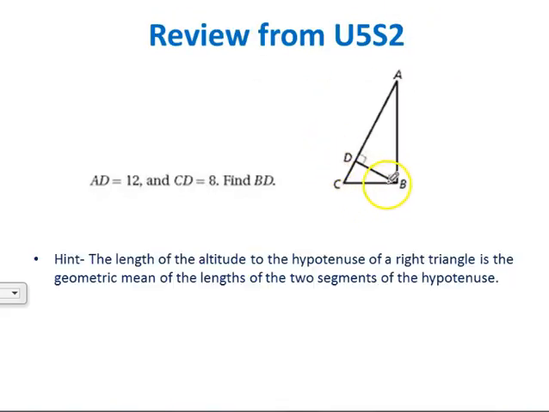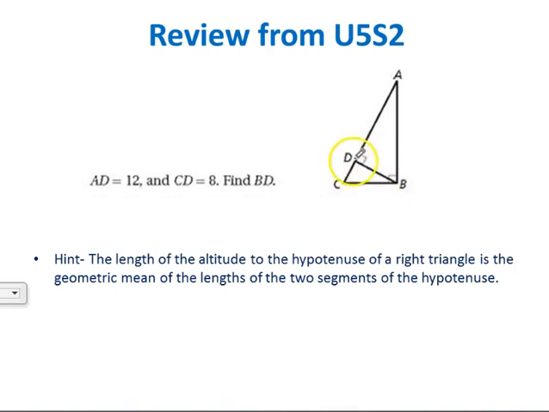All right, so review from Unit 5, Session 2. In Unit 5, Session 2, we looked at how we can have one right triangle, and if we draw in the altitude, remember the altitude goes from the vertex and intersects the opposite side at a right angle.